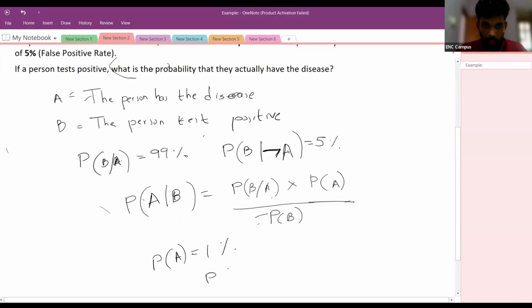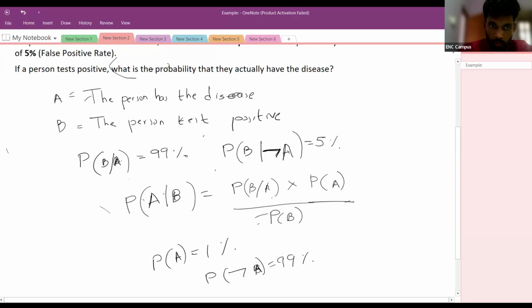So then the probability of not having the disease is 99%, right? Then the probability of a person testing positive given that the person actually has the disease is 99%.